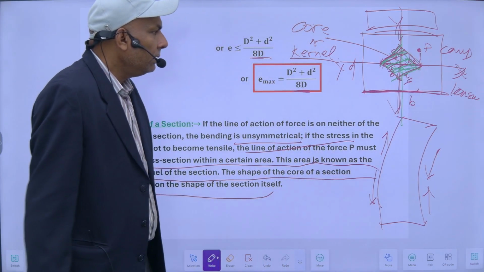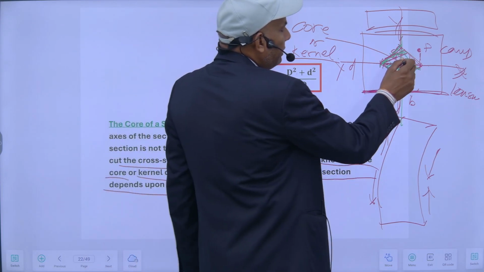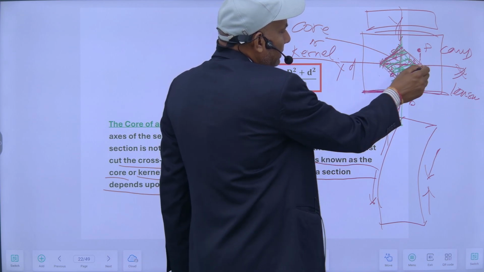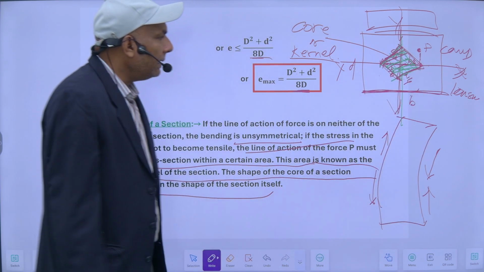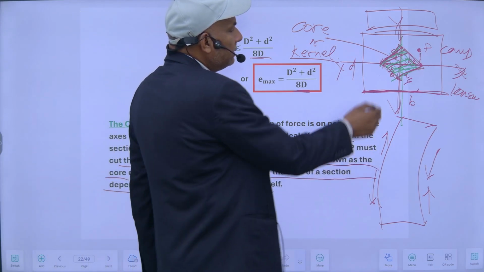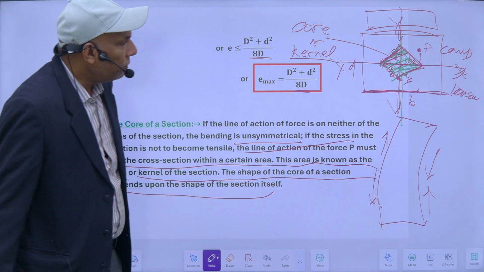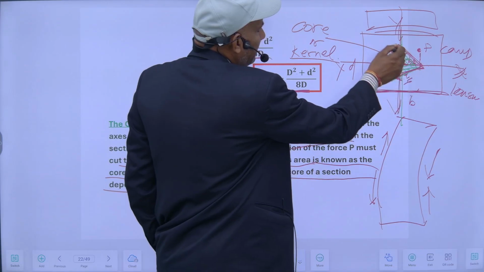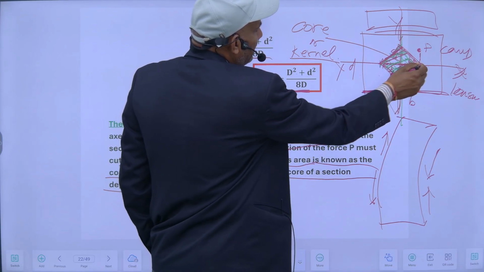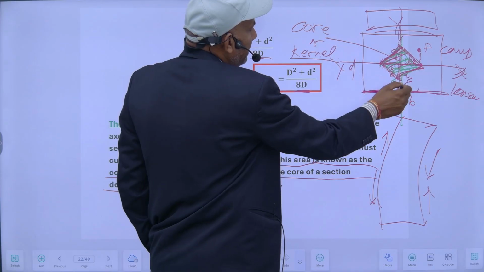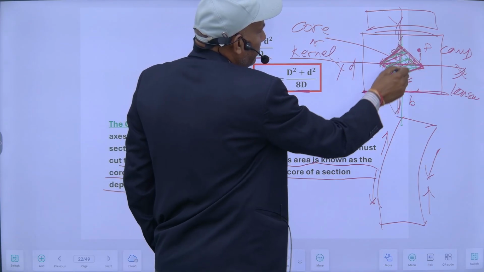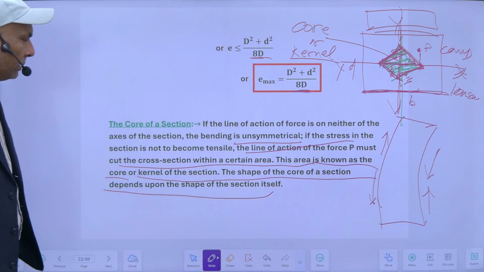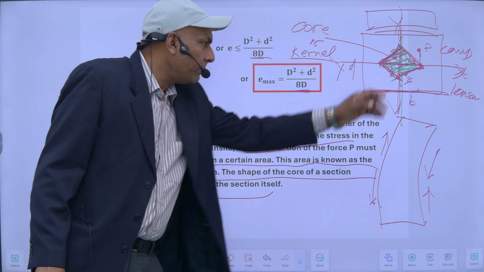If the line of action of P goes outside of this area, then tension will be there at some other point on the section. For the condition that no tension is to be developed, my loading should be within this. So it will be B by 6, B by 6, D by 6 and D by 6. When I join all these points, it becomes a rhombus. We call it the core or kernel of the section, and it depends upon the shape of the section.